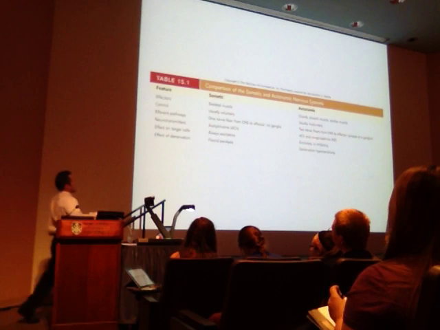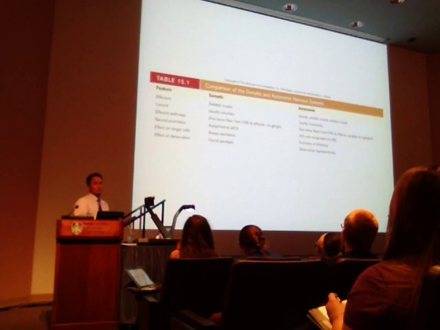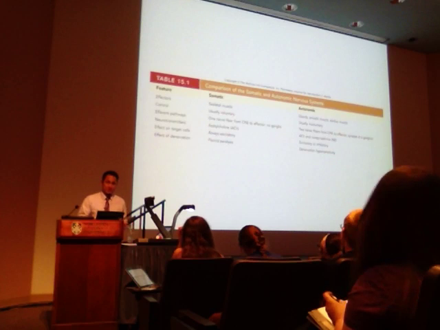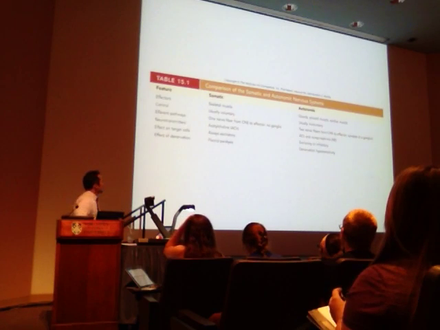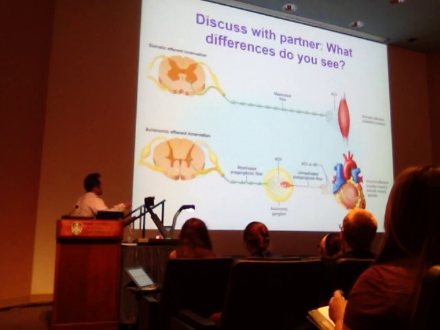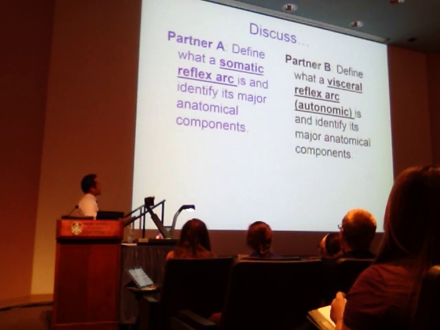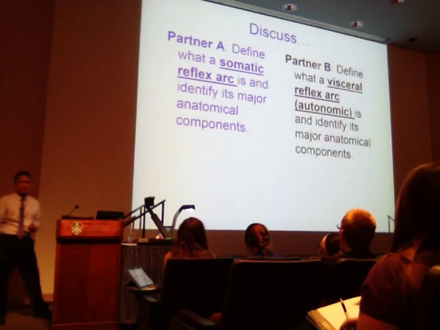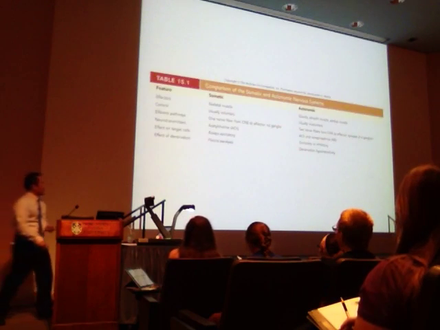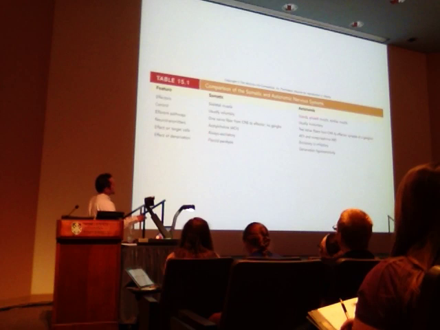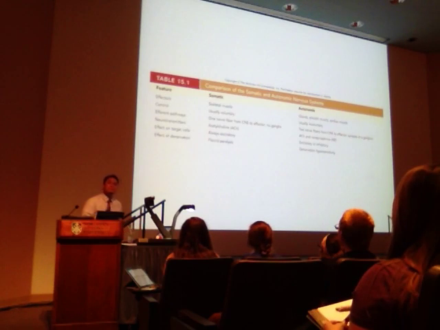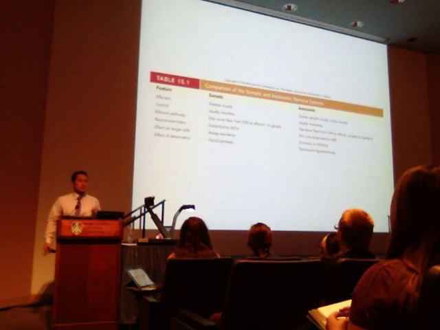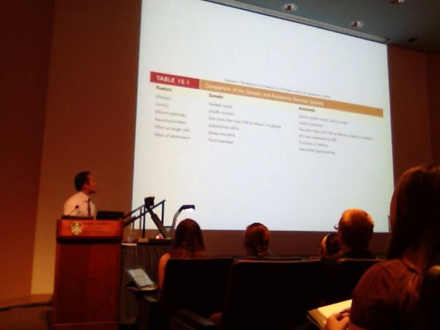If we contrast that, compare it to, or say versus on the exam, for example, we would be talking about this bottom picture, or we would be talking about this question here, which is a visceral reflex arc, otherwise known as autonomic. And we would say that it could go to gland, smooth muscle, or cardiac muscle. This is our micturition type of reflex. Our baroreceptor reflex was what that was called in that video last time we were together.